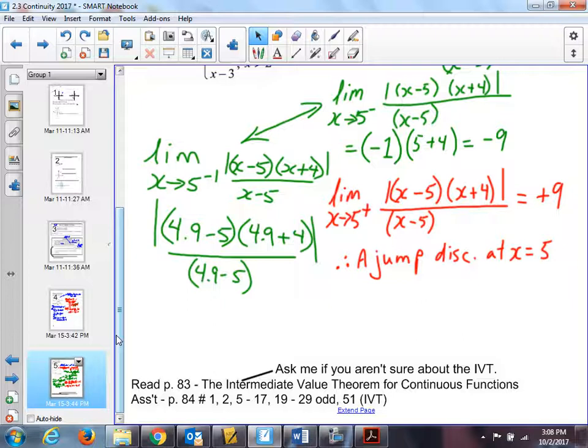If I use a number smaller than 5, but really close to 5, do you see that this bracket comes out as a negative? This comes out as a positive, guaranteed. And this is why I'm saying very close. If you chose 4, if it was x minus 4, we wouldn't agree. But keep it close when you're thinking this through.